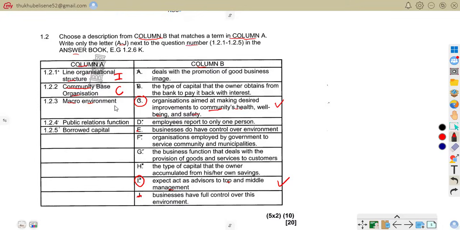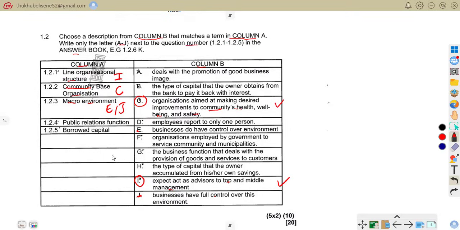Even here, business have full control over this environment. We know very well that they don't have full control. But because these are the only letters that talk about the environments, we can consider them as the ones that can be correct. So it can be E or J. So that is that.